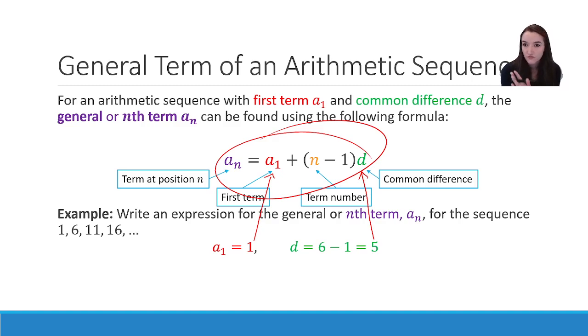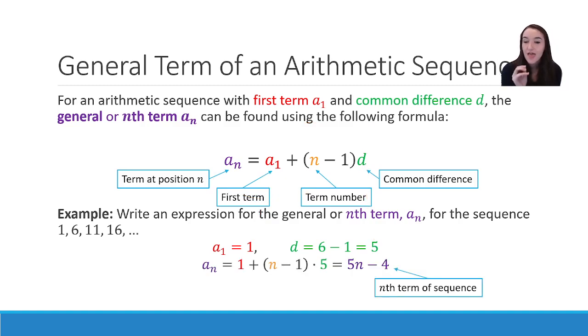Now this is a very common mistake here: N should stay as N because we're looking for the nth term. We are not looking for the 14th term. We are not looking for the 50th term. We are looking for the nth term. That means I want a variable in there. I want N to be in there. So this is the answer: 1 plus N minus 1 times 5.